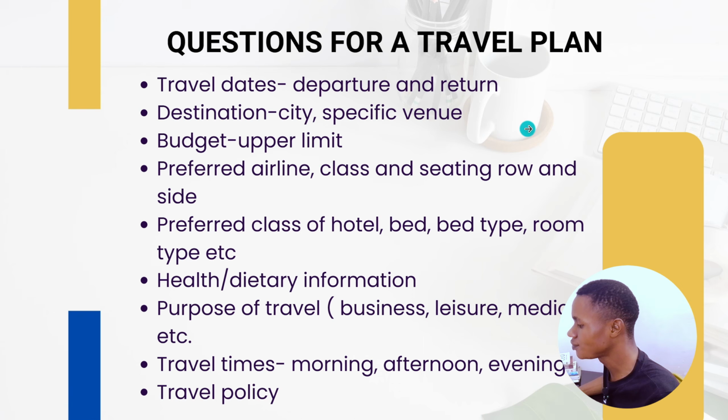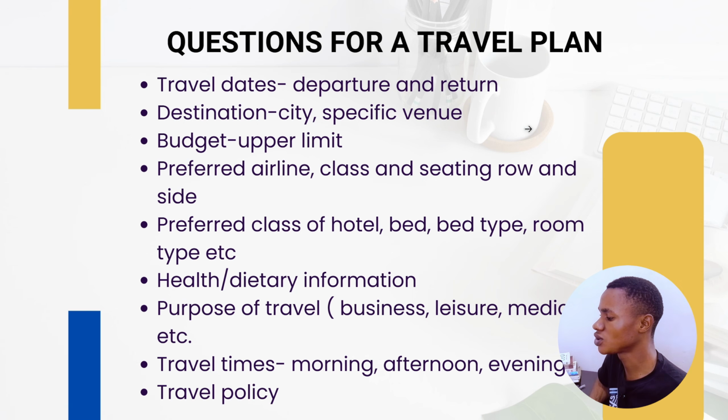All right, now before you manage your boss's travel arrangement, you need to create a form on Google Docs and send it to your boss with these questions so that he will give you the information that you need in order to create those travel arrangements.